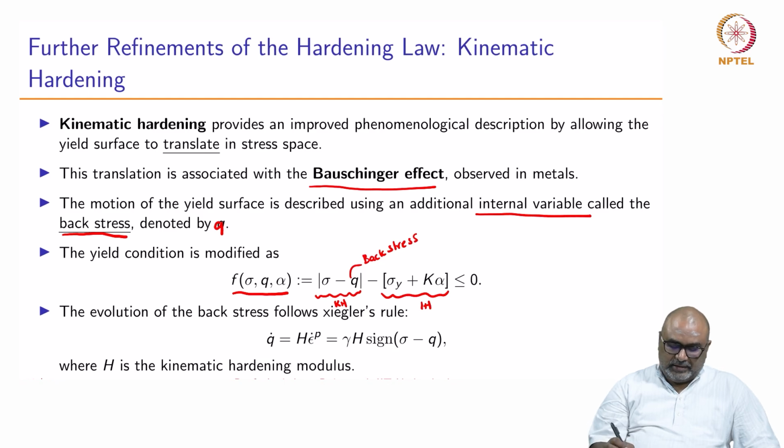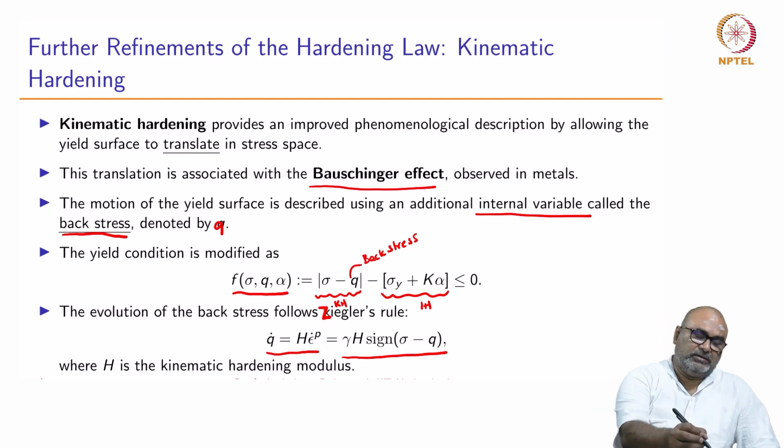This must be such that f of sigma, q, alpha is less than or equal to 0. The evolution of the back stress follows Ziegler's rule, which is denoted as q dot is equal to h times epsilon dot p, which is given by gamma h times sign of sigma minus q, where h is called the kinematic hardening modulus and q is called the back stress.